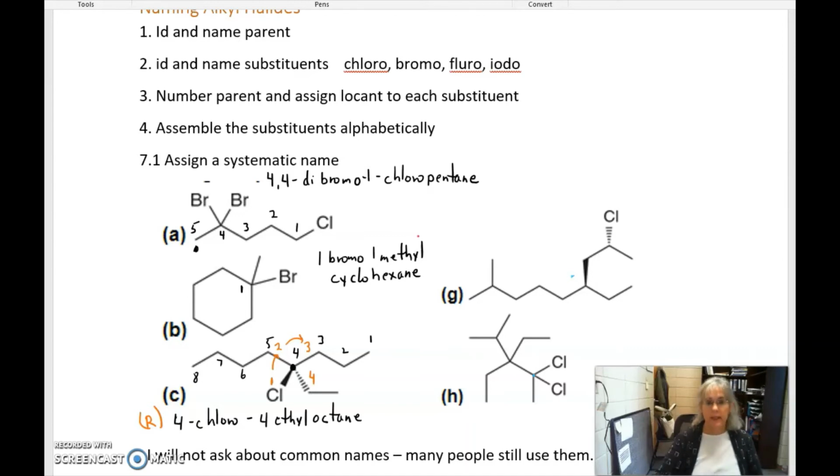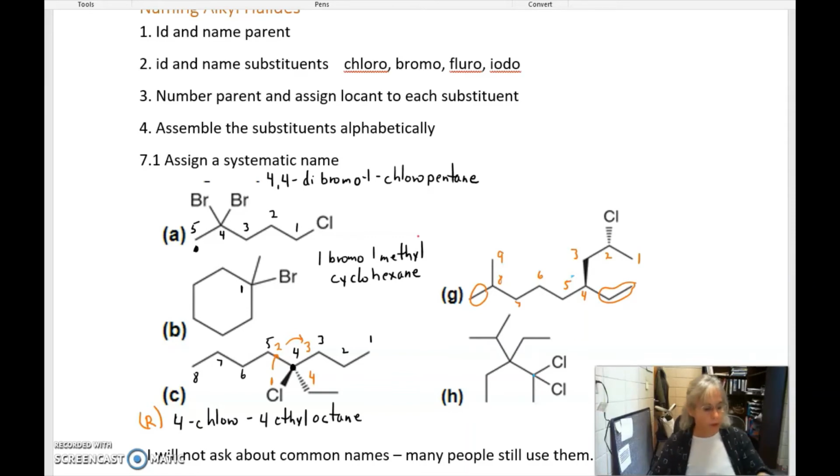So let's come up to this one. Here we're going to need to number this. So we have 1, 2, 3, 4, 5, 6, 7, 8, and 9. It looks like we've got a chloro group, we've got ethyl here, and we've got a methyl group.